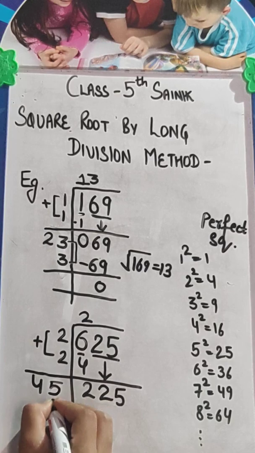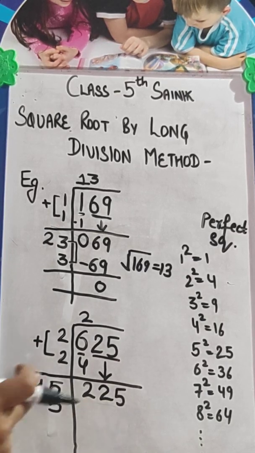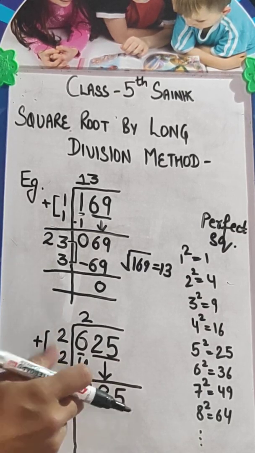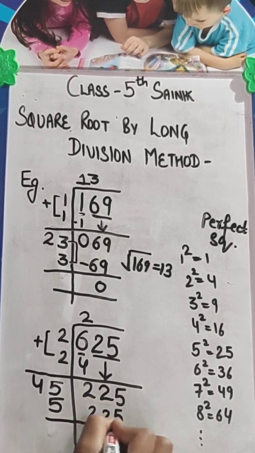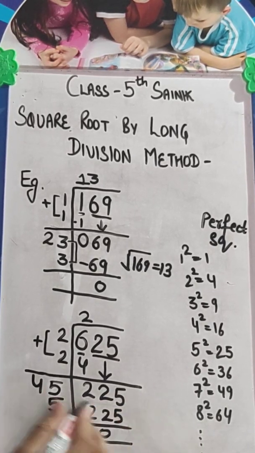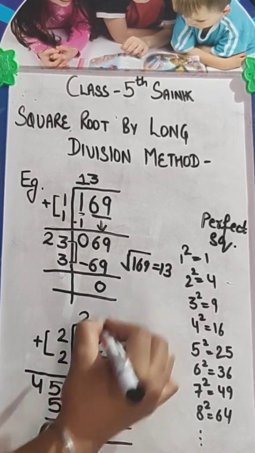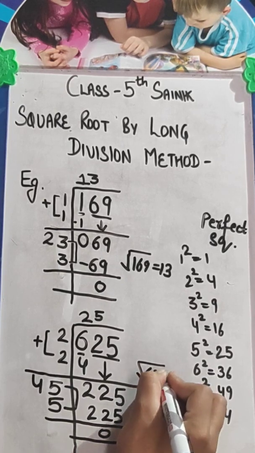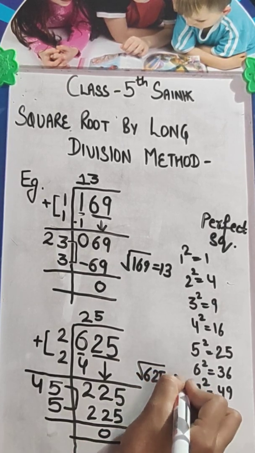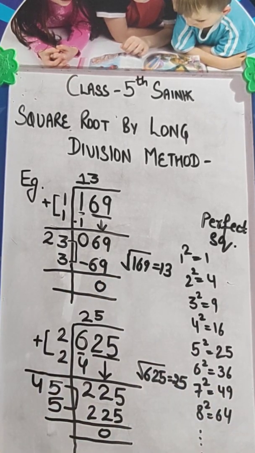So by checking this, I come to know that if I multiply 45 by 5, I will get 225 and our remainder is 0. So from these two 5, I have to write 5 here. This means root 625 is 25.